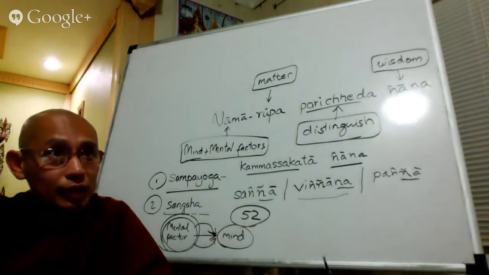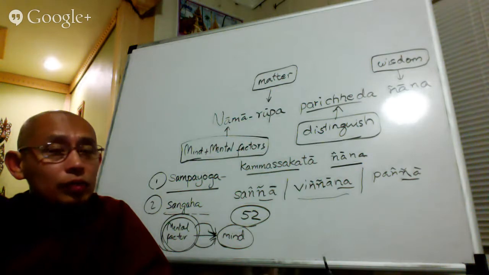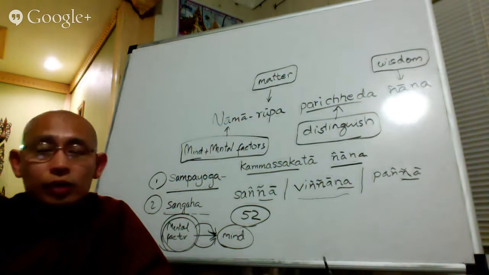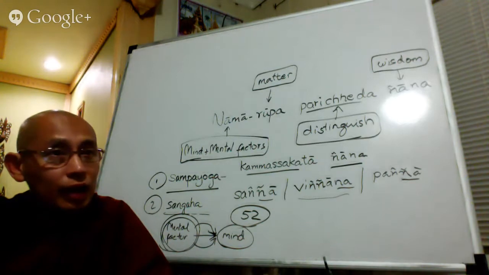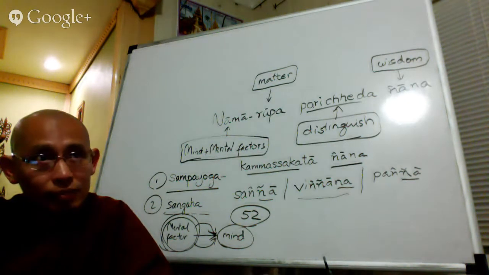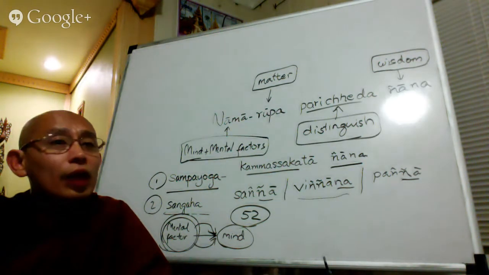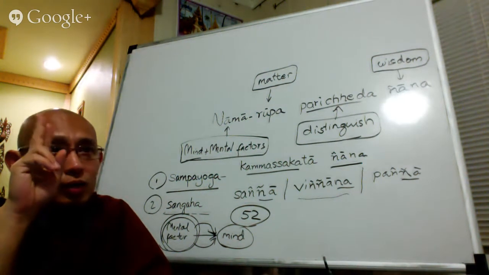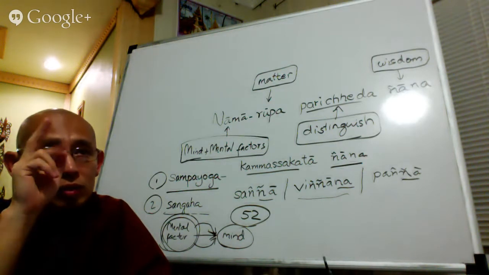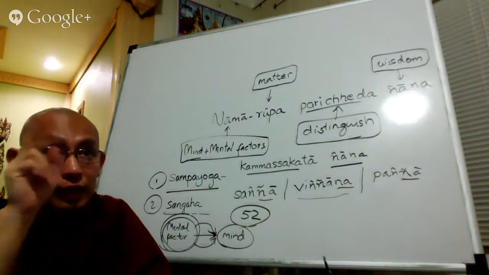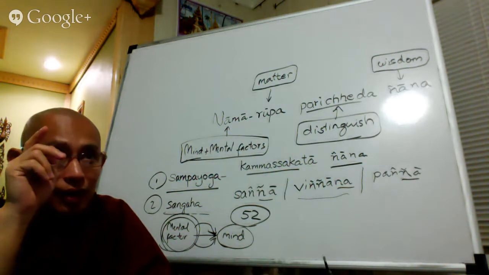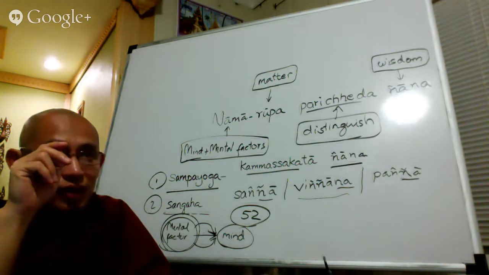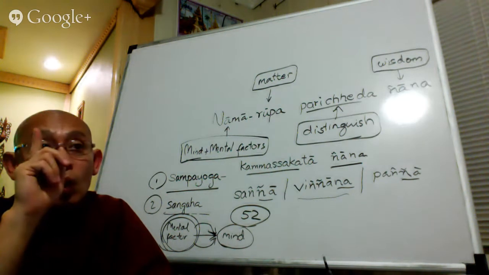You need adhimokkha to make a decision. But not every akusala mind can make a decision, because of the Mohamula cittas. Among the Mohamula, two types: one with doubt and one with restlessness, uddhacca.